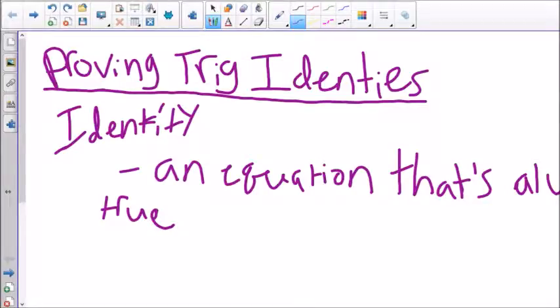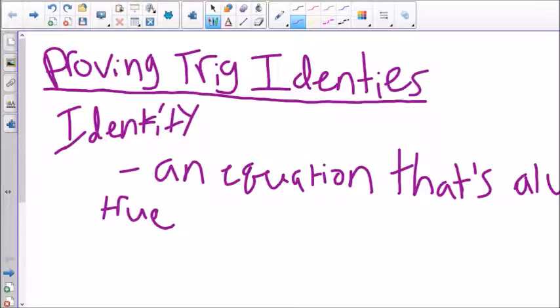Something to note about proving identities is that proving is a little bit different than solving the actual equation. This lesson's about proving identities, meaning we are not focusing on actual numbers and solving equations.